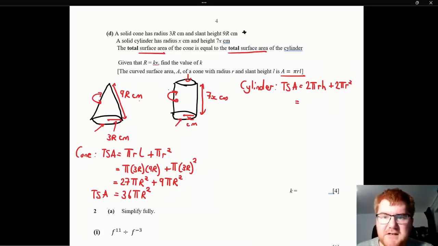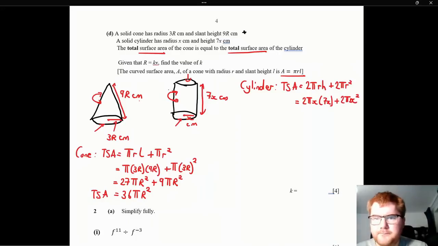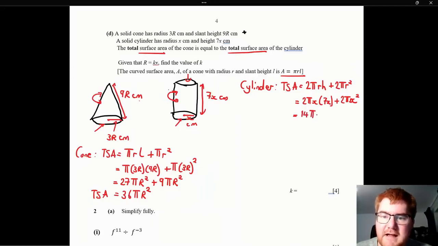So if we pop this in, seems my favourite word, the radius equal to x, so we get 2 pi x, and the height is 7x. And then we have 2 pi, not r anymore, but we have an x squared. So if we collect this up, what do we get? 7 times 2 is 14, 14 pi x squared, plus 2 pi x squared. How many pi x squareds? That's 16 pi x squared.